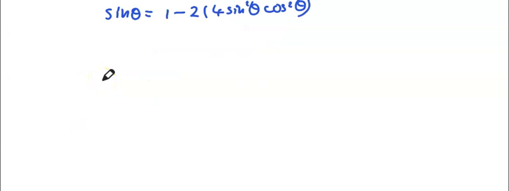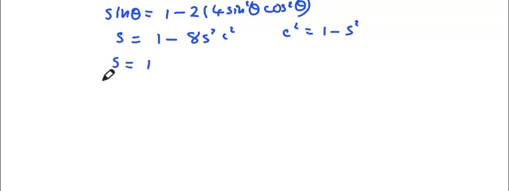And I now use S and C. S equals 1 minus 8s squared c squared. And by the result of Pythagoras, cos squared is 1 minus sin squared. And so this becomes S equals 1 minus 8s squared (1 minus s squared).